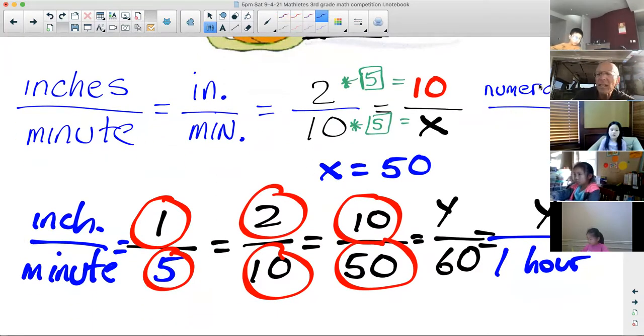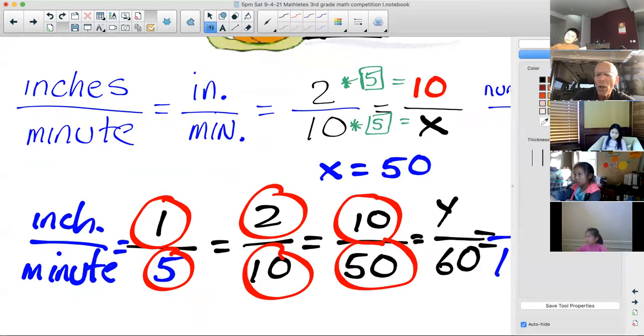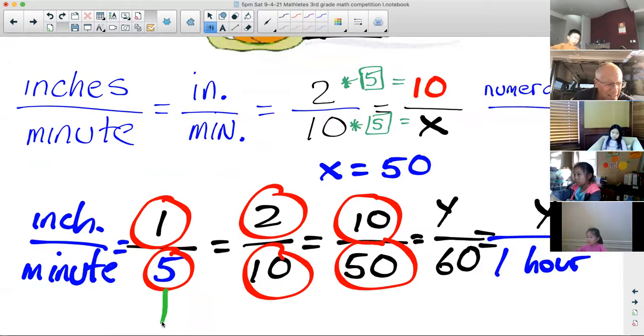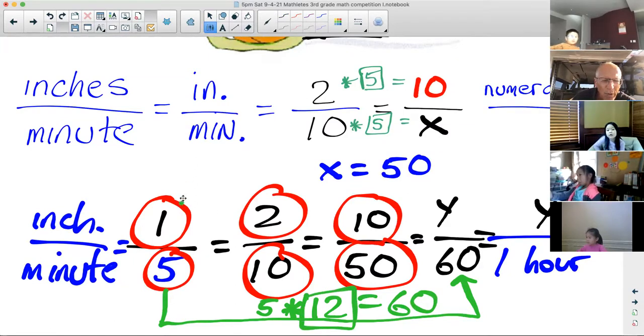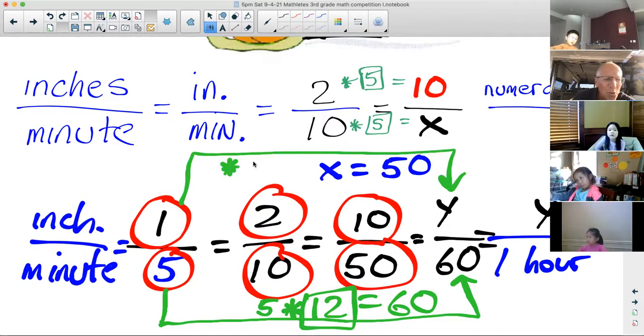If the snail could go 5 minutes and 1 inch, 5 times what equals 60? 5 times 12 equals 60. Therefore, you know that you've got to multiply 1 by 12. And that's going to give you 12 inches.